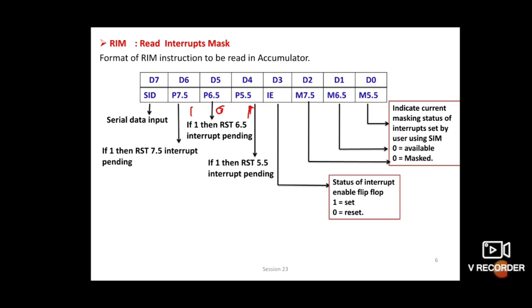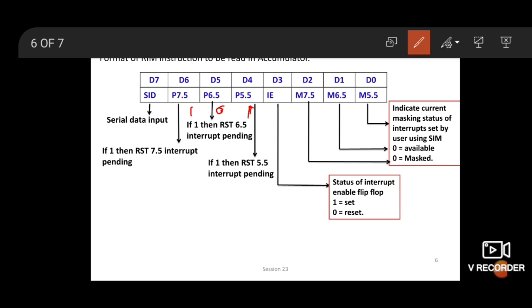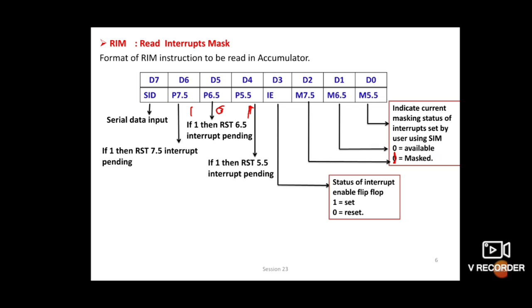So student, see here, instead of 0 write 1. Mask 5.5 indicates the current masking status of interrupt set by the user using the SIM instruction. If 0 is available and 1 is masked, what is the status of these 3 pins in the SIM instruction? Which 3 pins?